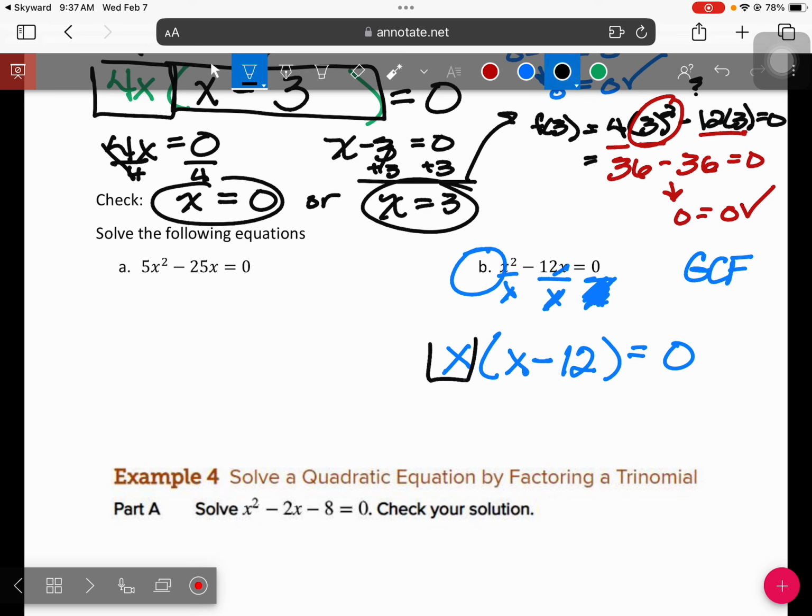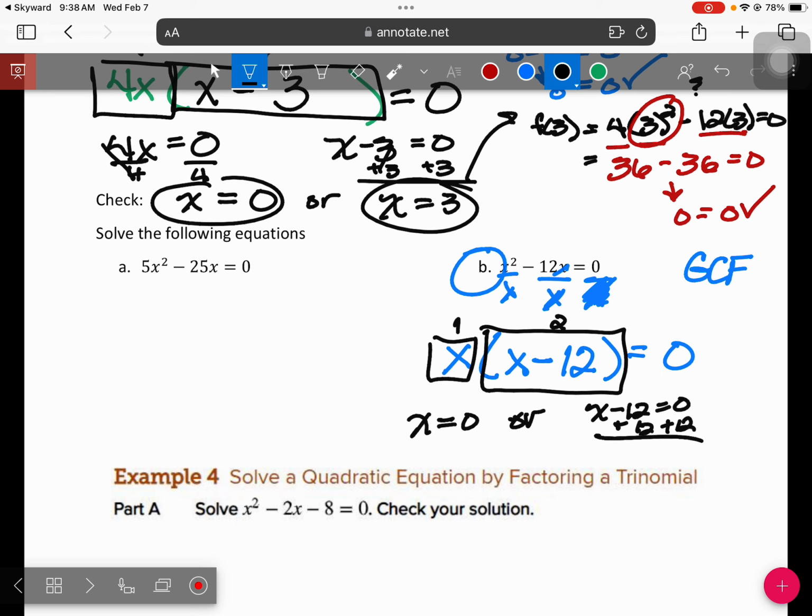Set each of these equal to 0. There's my first factor. Wow, that's my solution already. x equals 0. Or set the second one equal to 0. x minus 12 equals 0. Solve for x. And so x is equal to 12.